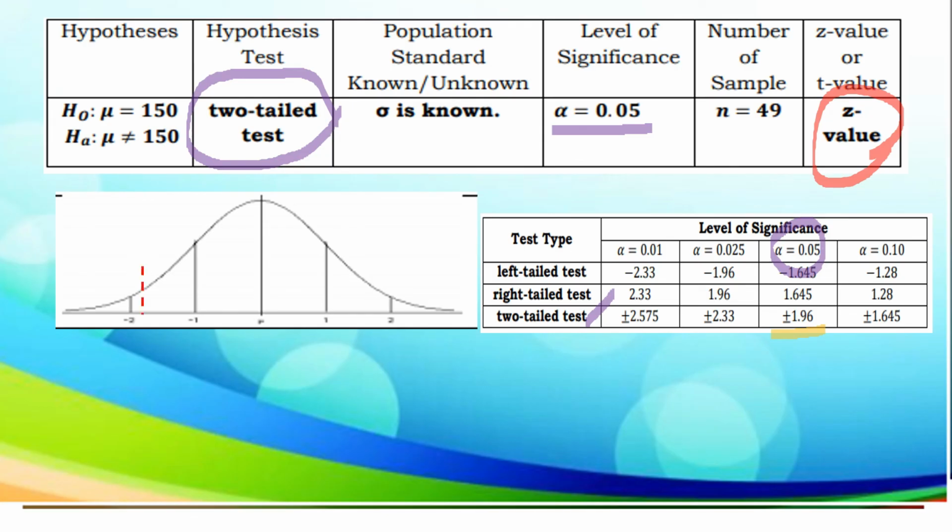Locating that in our given figure, we have negative 1.96 on the left side and positive 1.96 on the right side, shading the given region, which illustrates that this is our rejection region.